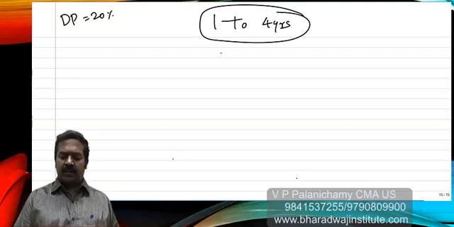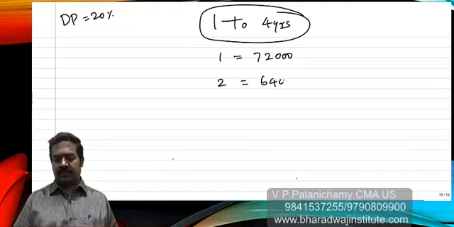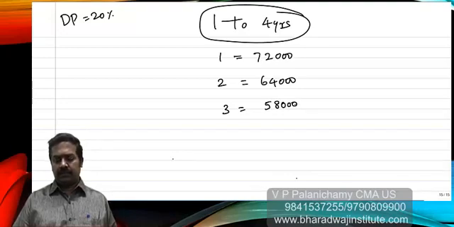First year 72,000. Second year 64,000. Third year 58,000. Fourth year 50,000.